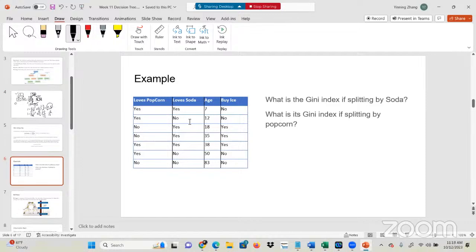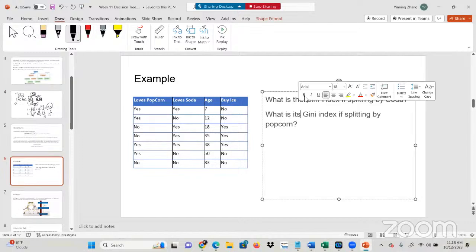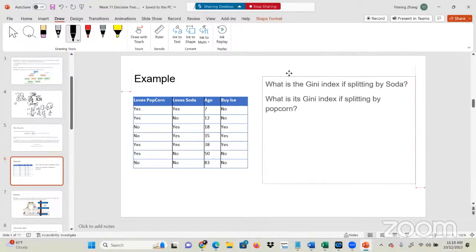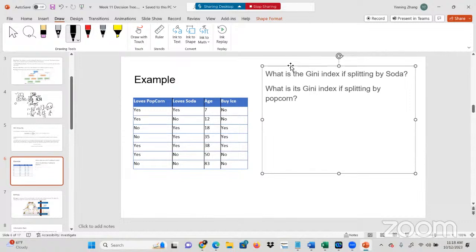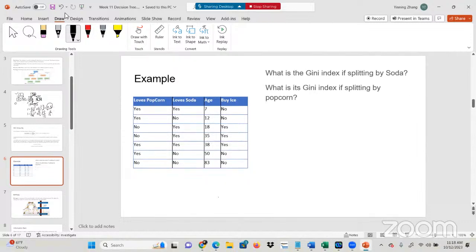If we go with popcorn at the beginning, yes or no. Before we divide by popcorn, what is the probability here?